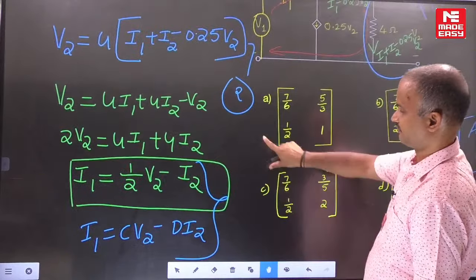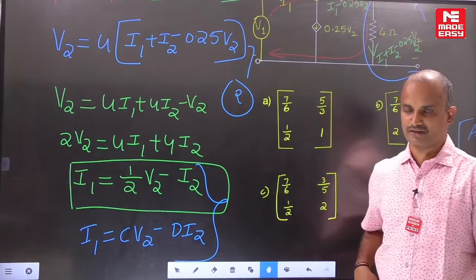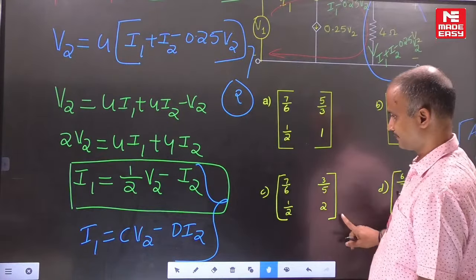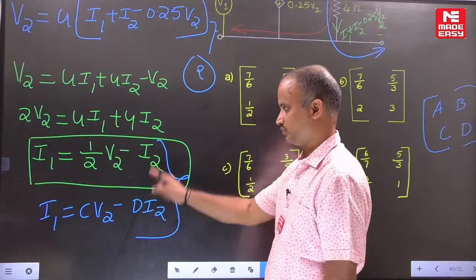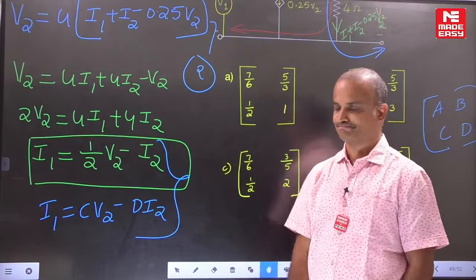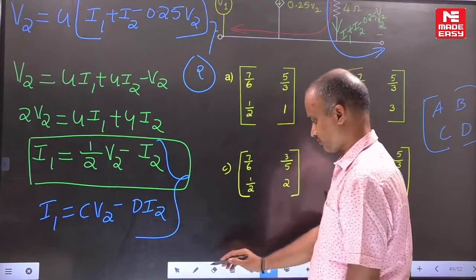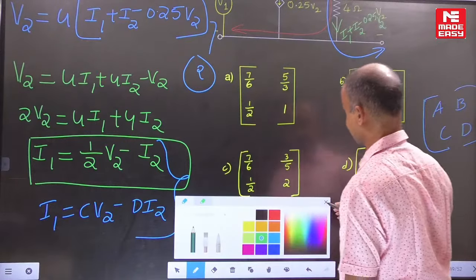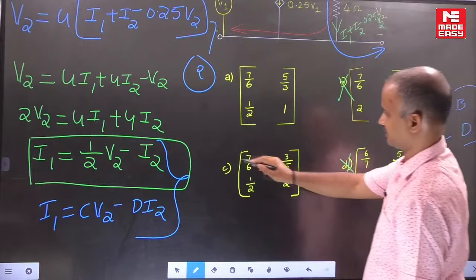After finding two answers, now focus on the options. Don't go for the remaining calculations, go for the options. In this example, C equals 1 by 2, and D equals 1, since it is minus D I2, so minus 1. C equals 1 by 2, D equals 1. Which option is supporting? This one is incorrect, and this is also incorrect.